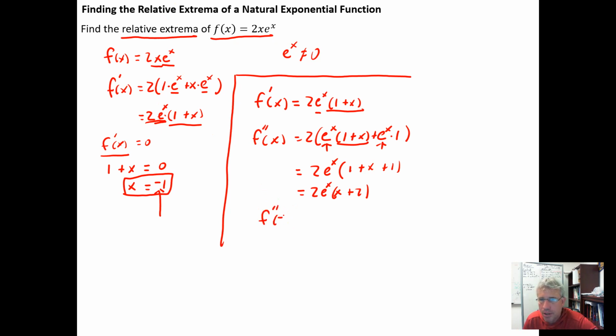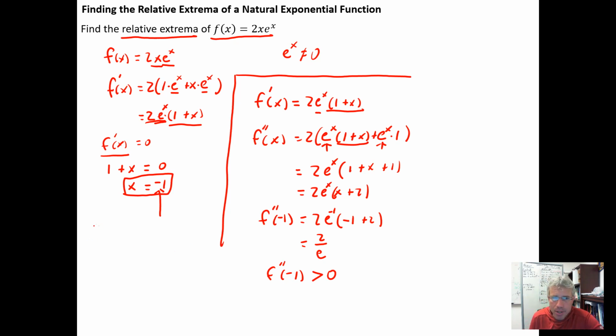So we plug in f double prime of -1 equals 2e to the -1 times -1 plus 2, which is just equal to 2 over e times -1 plus 2 is 1. So we just wind up with 2 over e, which is a positive number. It's a number that's kind of close to 2/3. But the key that we want to notice is that f double prime at -1 is greater than 0.